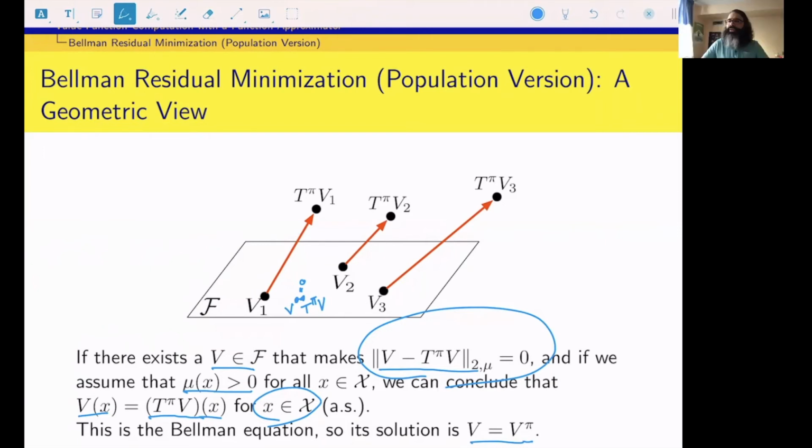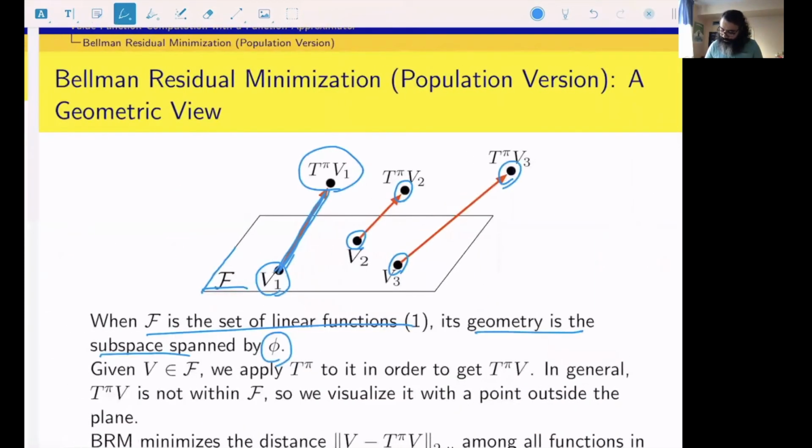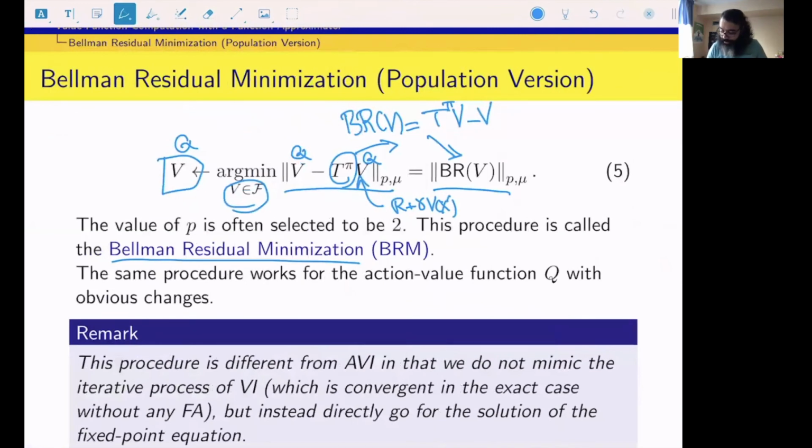Right. Okay, so I guess there are two things. One is that when we talk about minimizing a loss function here, I talk about global minimization.